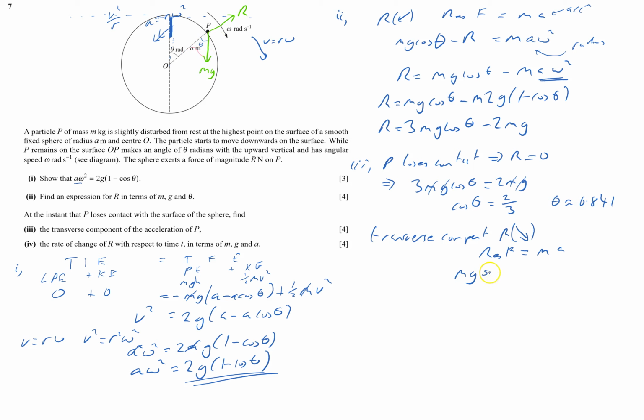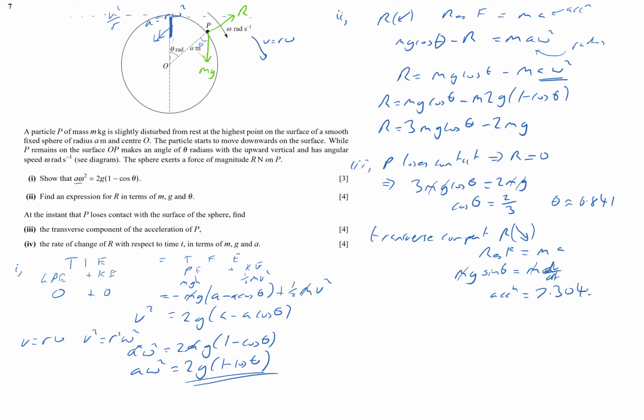So mg sin theta equals m times acceleration, which is what we want. I'll put down dv by dt, so you can see it's not the same as the a from the radius. The m's cancel, and so the acceleration equals g sin theta, which is 7.304.